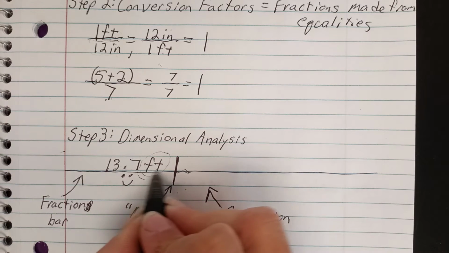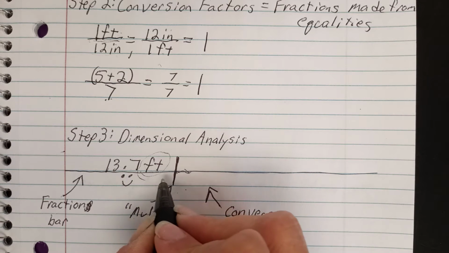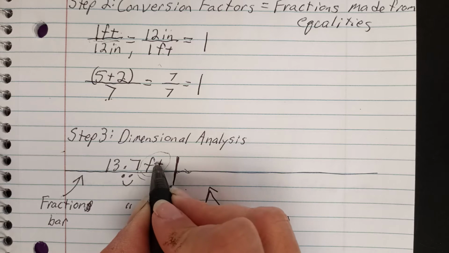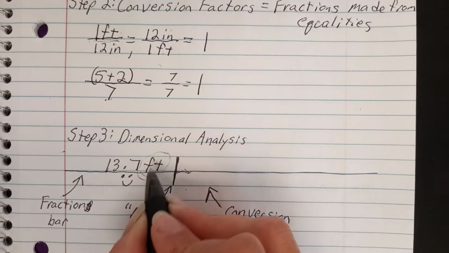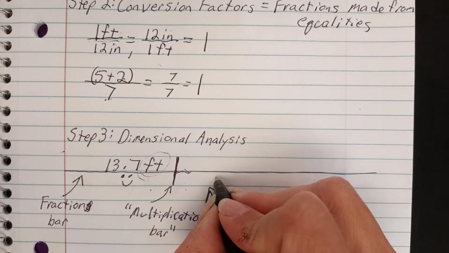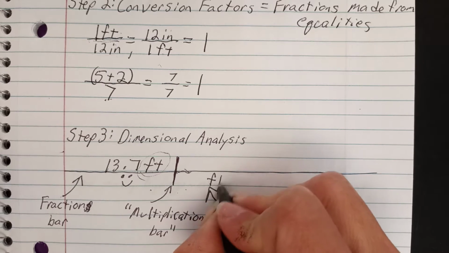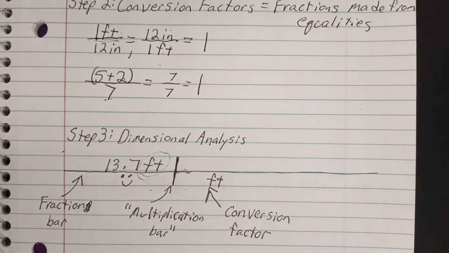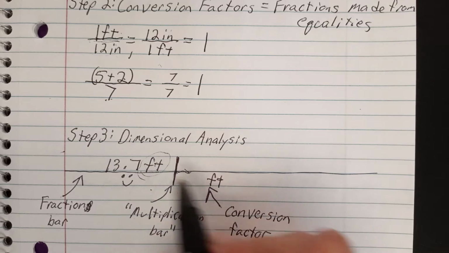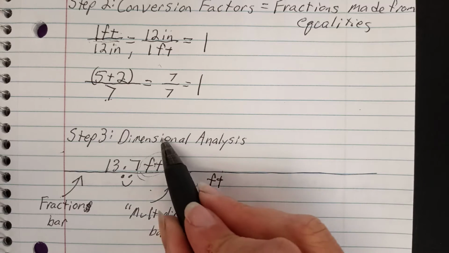I want to remove feet from the system. So in order to remove something that's up here on the top of a division bar, I'm going to put it on the bottom. So I want a conversion factor that has feet down there, so that when I take feet divided by feet, they're going to cancel out.